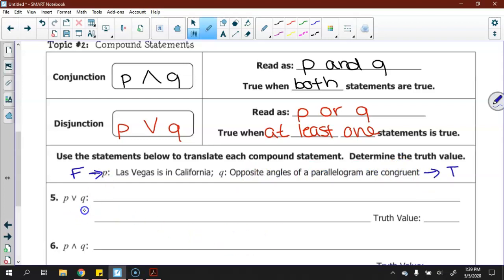Okay, so when it's written P and then disjunction, a V, and then Q, this is saying Las Vegas is in California, or opposite angles of a parallelogram are congruent.